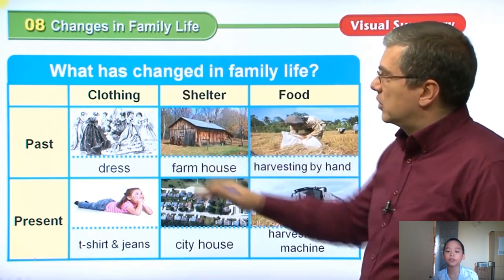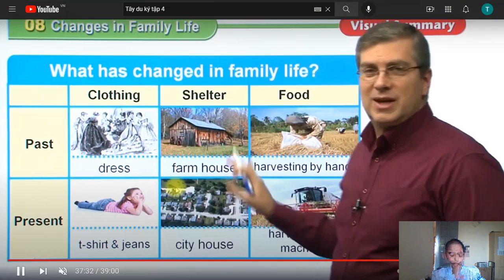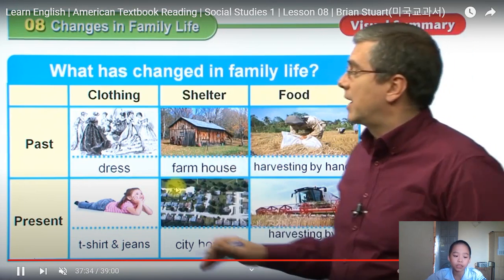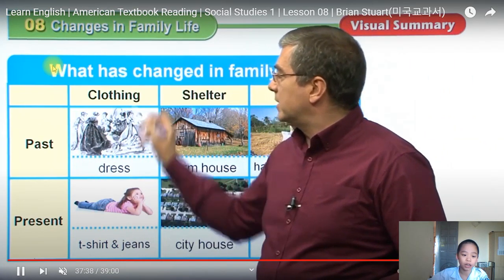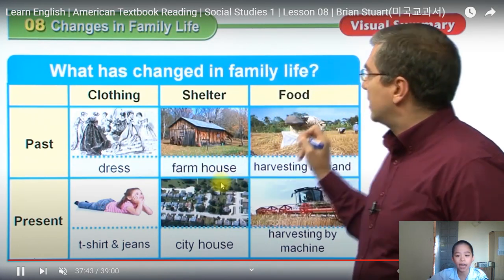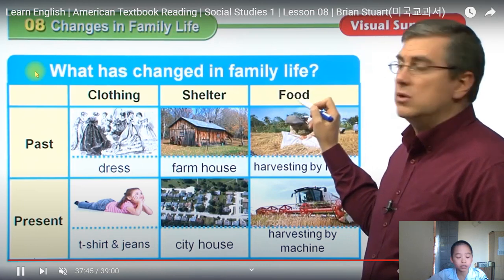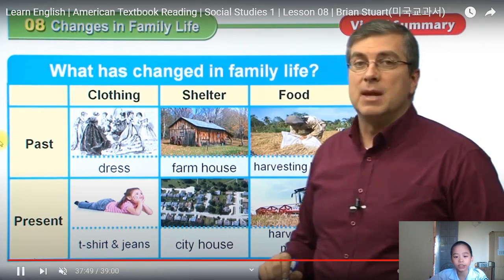We harvest our food by hand in the past, but in the present we harvest food by machine. So that is our lesson today. Lesson 8, we talk about change in family life. That is our chart about what has changed in family life.